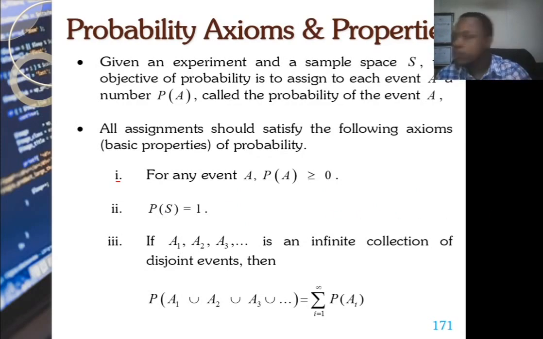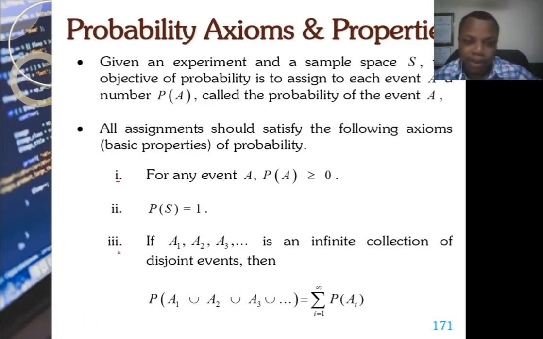This is also saying that the maximum possible probability of 1 is assigned to S. That is, the sample space is defined by the event that must occur within the experiment, and it contains all the possible outcomes, just as we defined for the sample space.